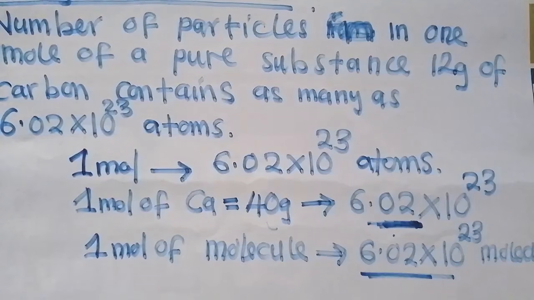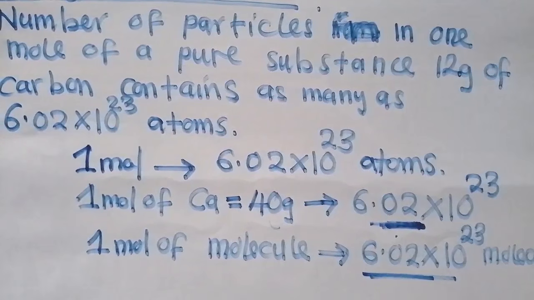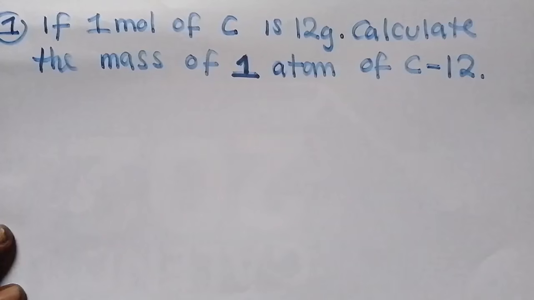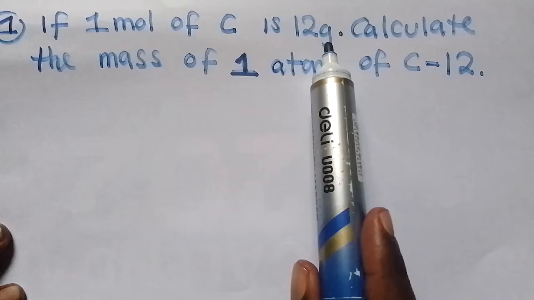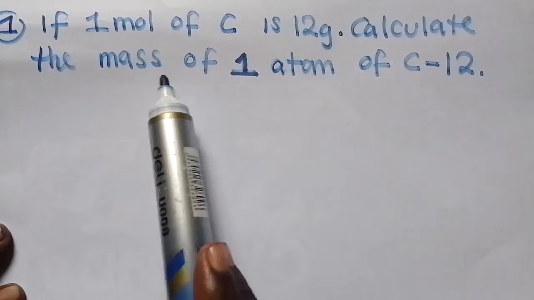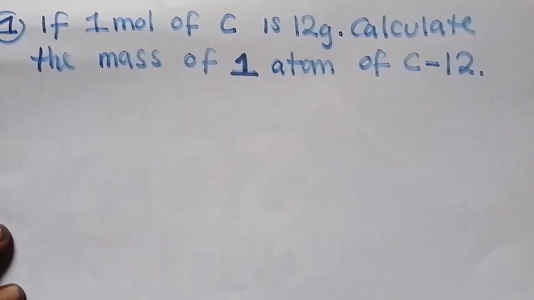So let us look at one example. This is our example 1. The question is saying, if 1 mole of carbon is 12 grams, calculate the mass of 1 atom of carbon. How can you calculate this?